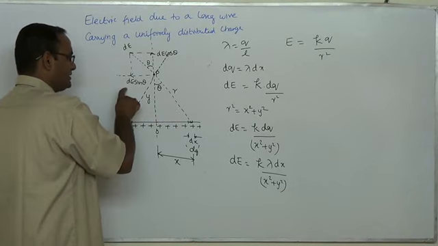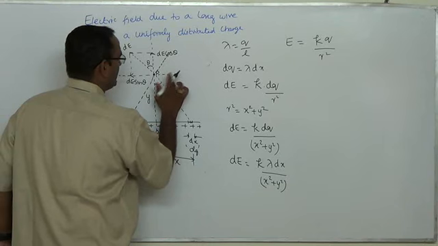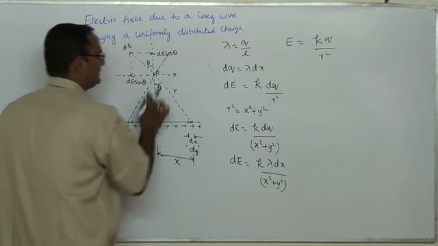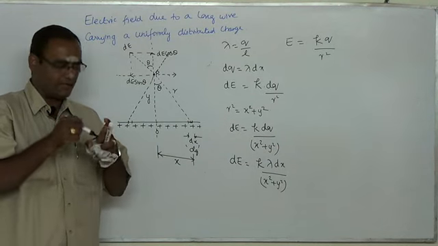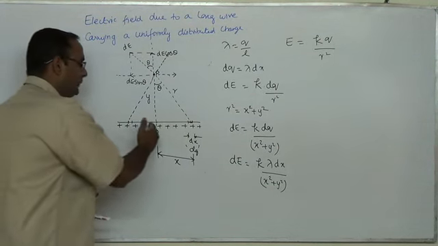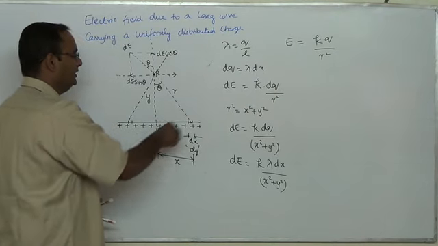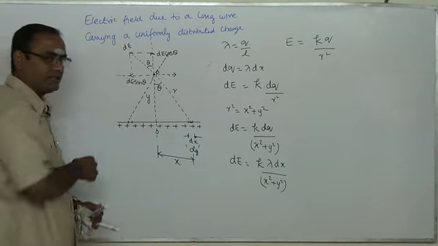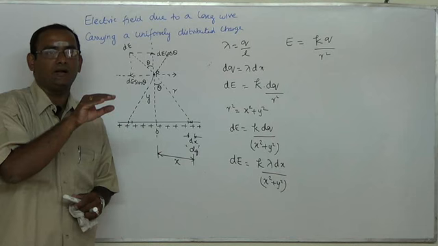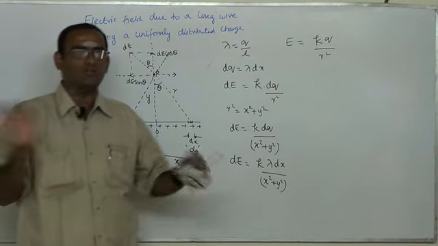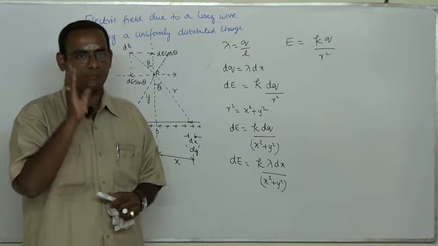This dE sin theta and another dE sin theta on this side will cancel out each other, and hence the net component is only dE cos theta, which will not cancel out. However many infinitesimally small elemental charges we take on this side, there will be equal elemental charges on the other side. The horizontal components of those two elemental charges, called dE sin theta on both sides, will cancel out and only the vertical component will remain.